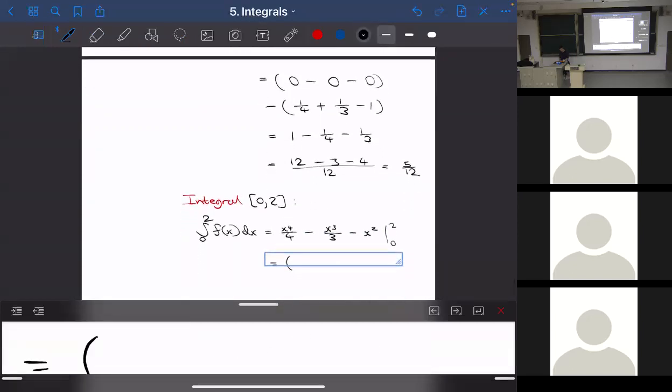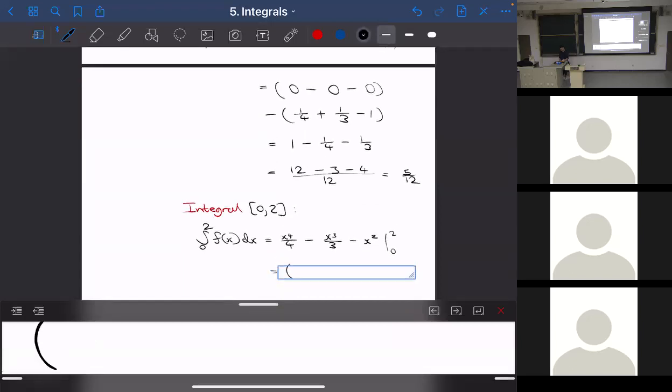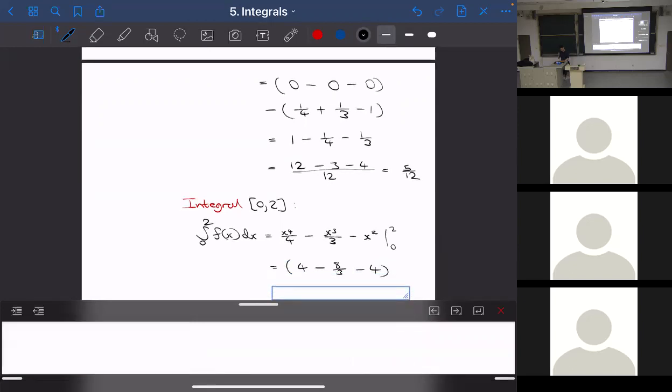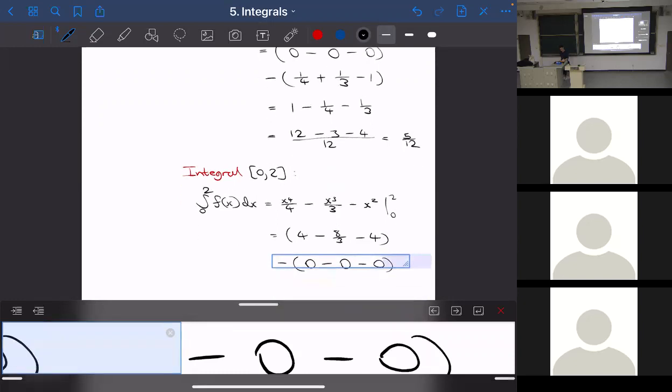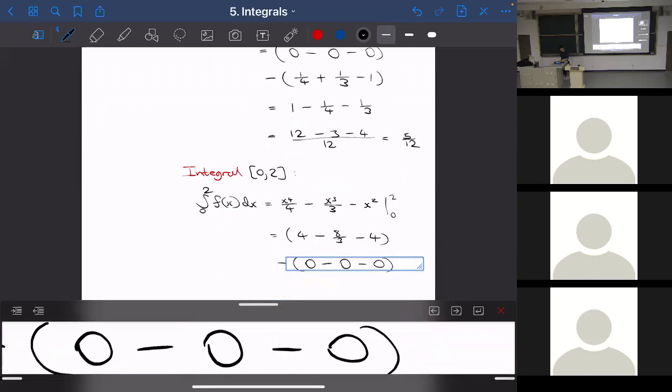And now I calculate. So 2 to the 4 over 4 is 4. Minus 8 over 3 minus 4. So those are going to cancel. And then, again, we get a bunch of zeros. So that one is just minus 8 over 3.